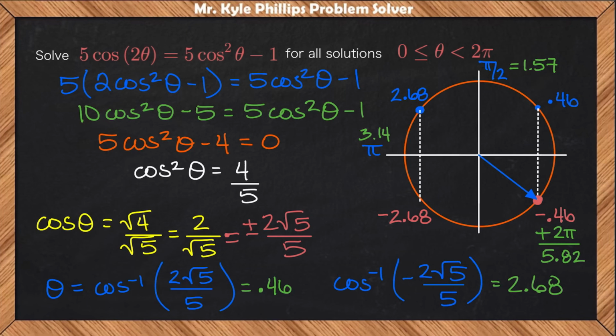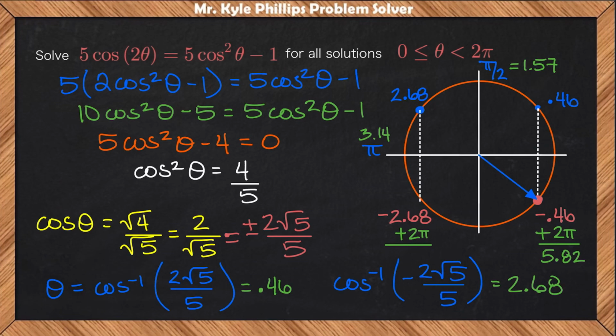Now, notice, negative 0.46 and 5.82 are in the same place. These radians are in the same location on the unit circle. One radian, 5.82, fits within the domain, the other does not, so I can't use it. And I can do the same thing over here. I can take negative 2.68 and add 2 pi, and that gives me 3.6.